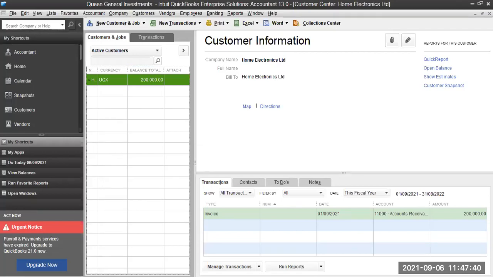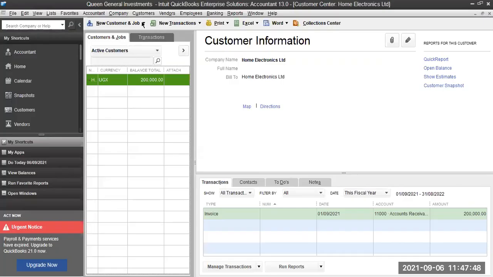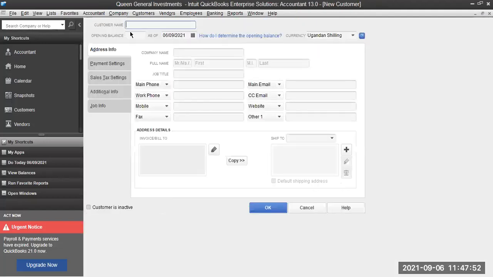What's the new customer's name? Nakasero Electronic Shop. Opening balance 450. We capture this one, Nakasero Electronic Shop.